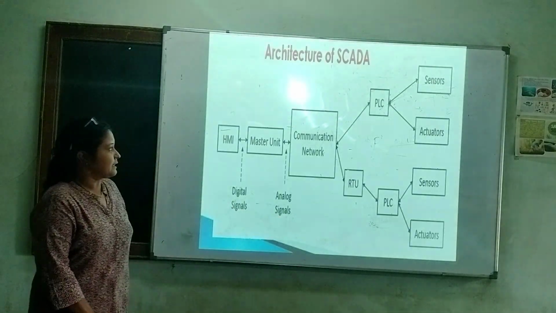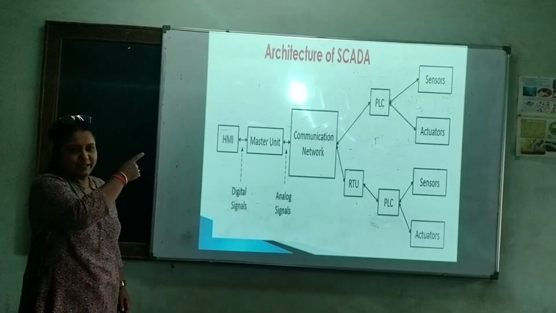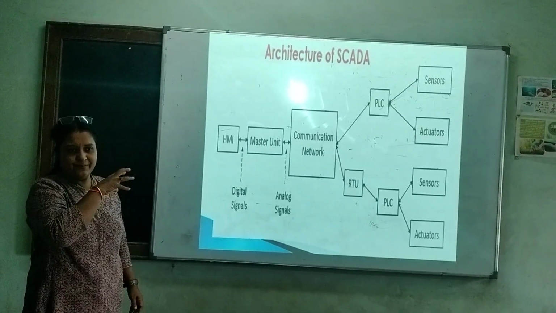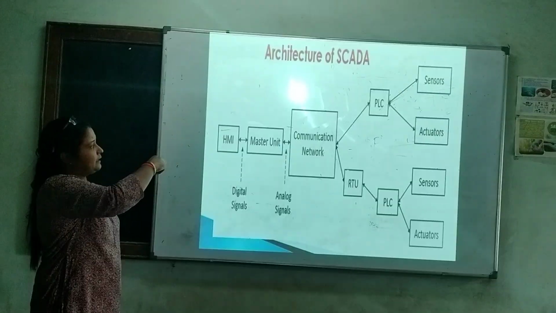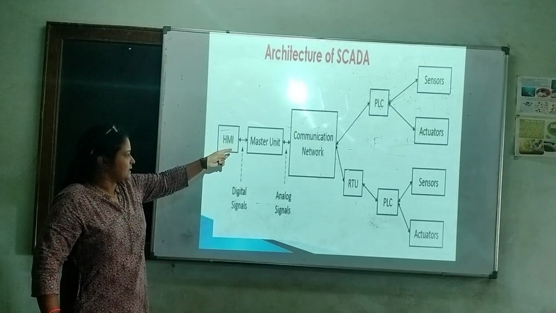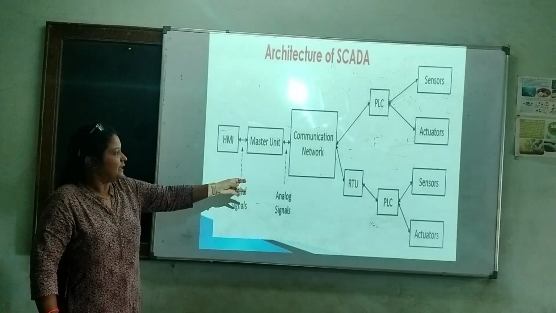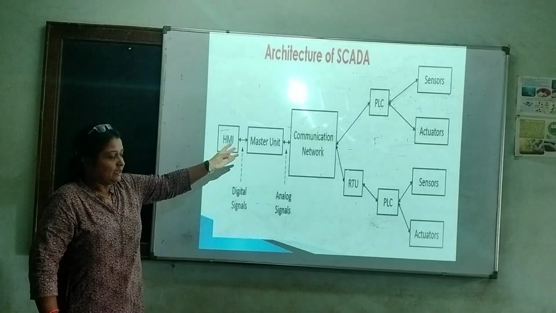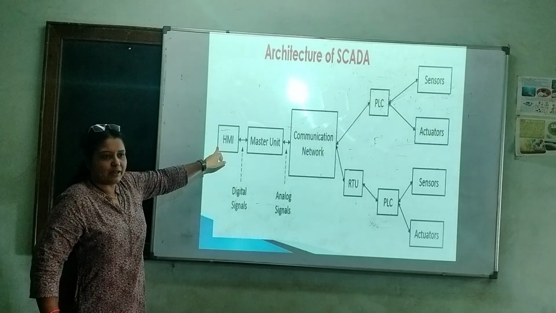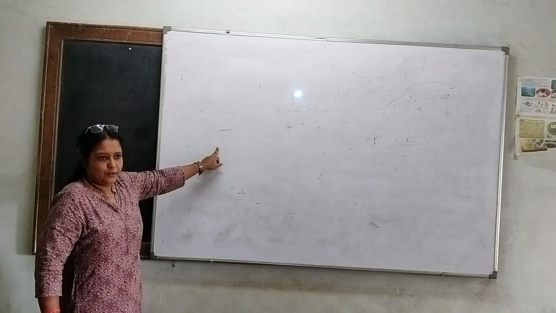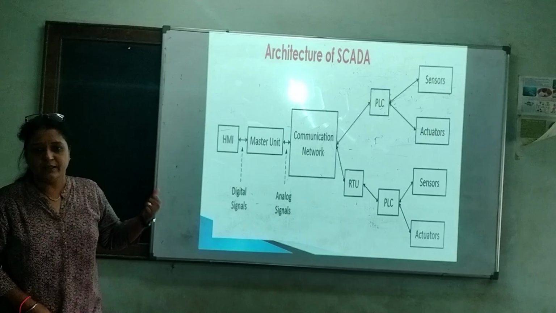For example, the PLC will collect the information through the sensor. Correct? It will collect the information, and through this communication network the information collected, in the form of analog, is given to the master unit, and it is converted into digital form and given to the human machine interface to display that particular information.